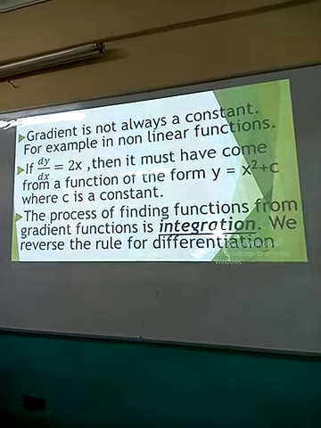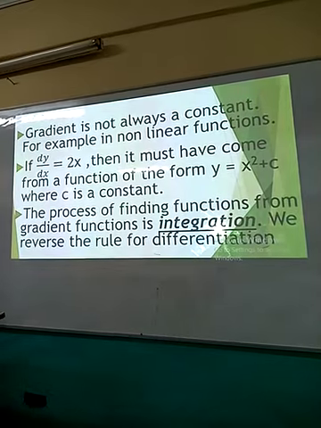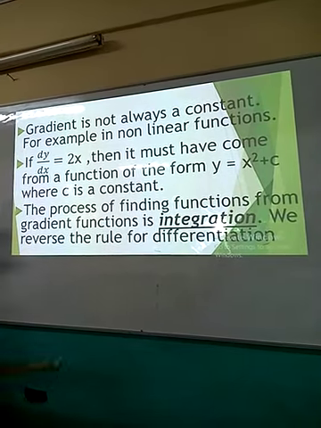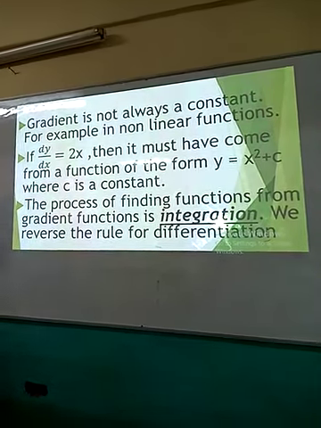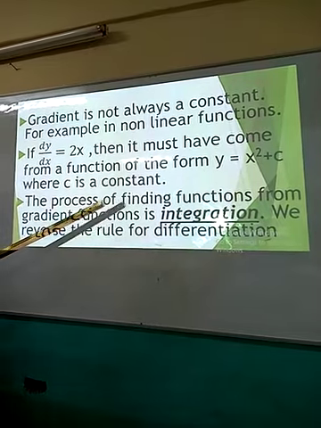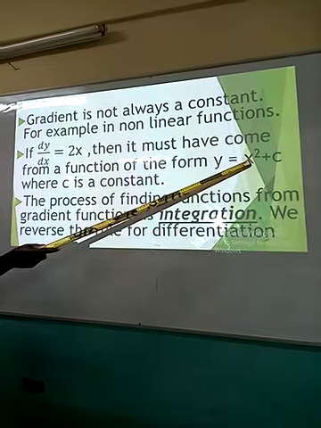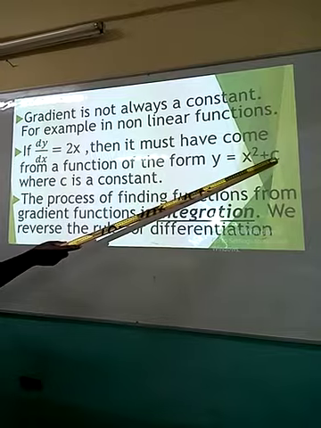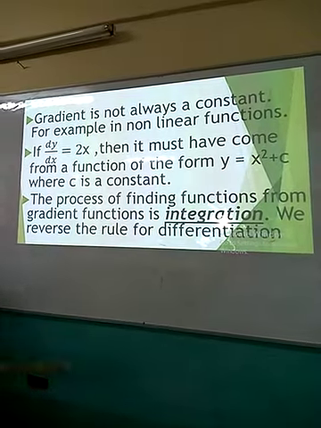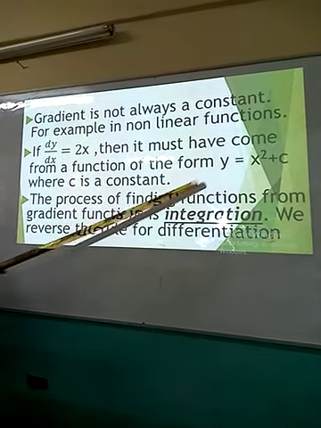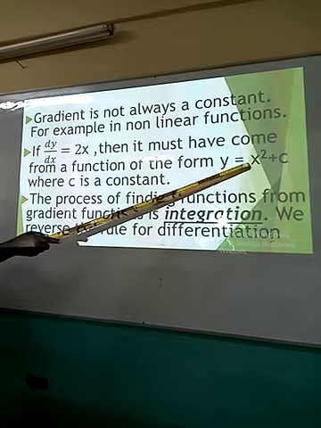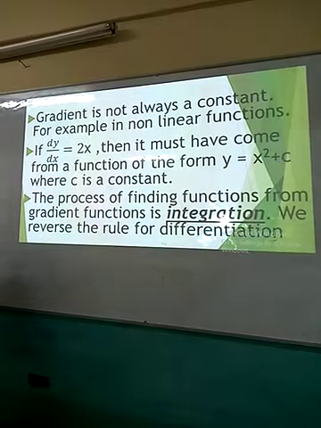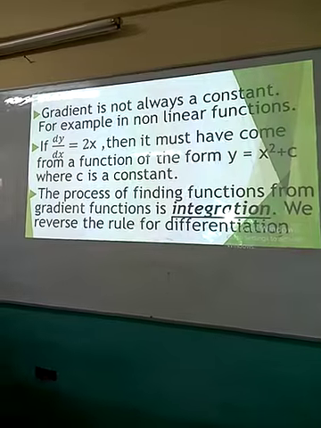Then that means that 2x as a derived function may have come from a function of the form y = x² + c. I want you to look at it. If you are to differentiate y = x² + c, the process of differentiation is known.